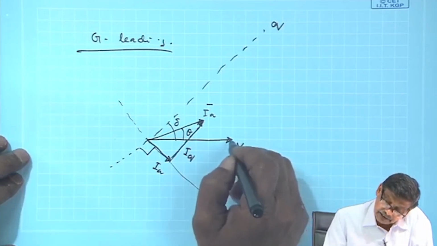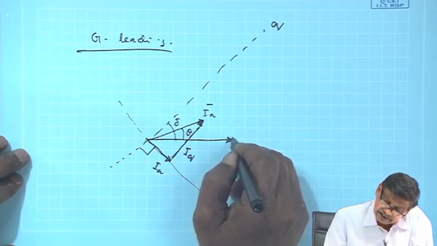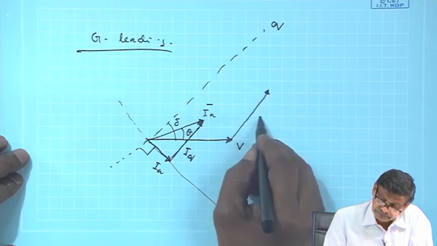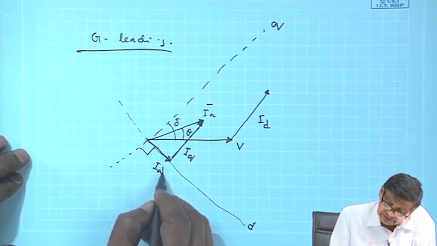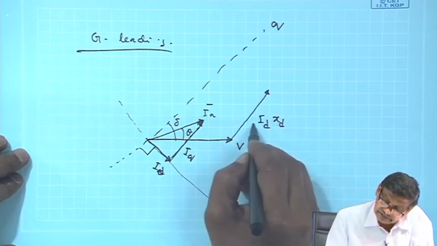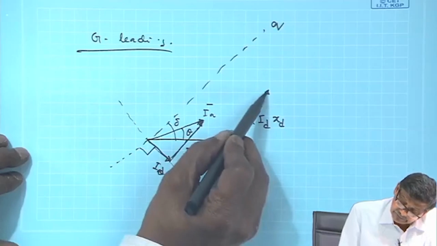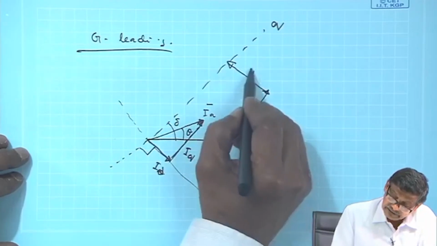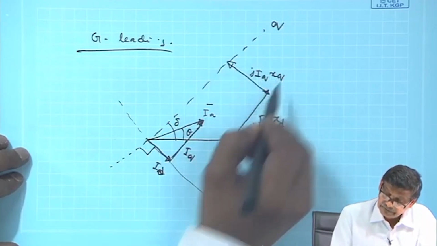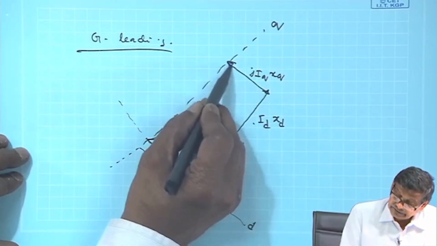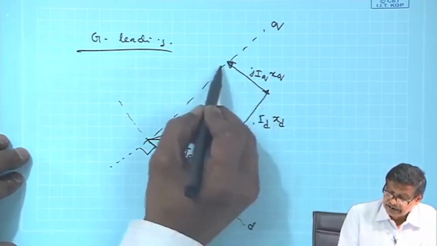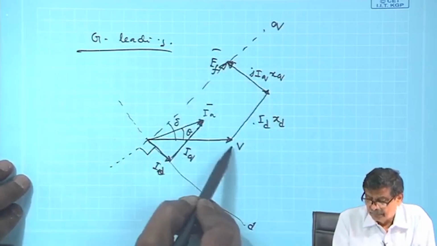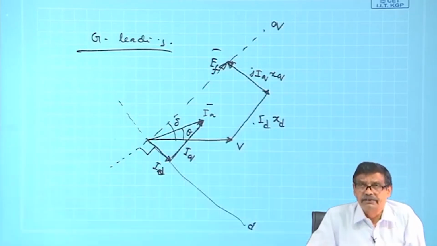So, V plus ID XD I will do, and then you add V, J IQ XQ to get this value of EF, and IRA drop I have neglected in this diagram, that can be taken into account.